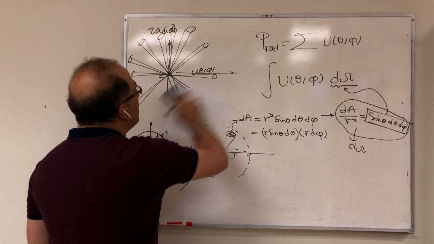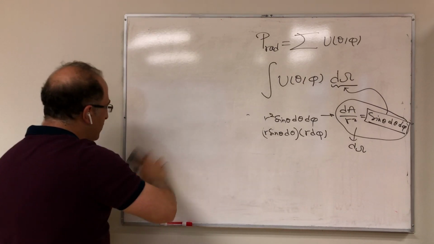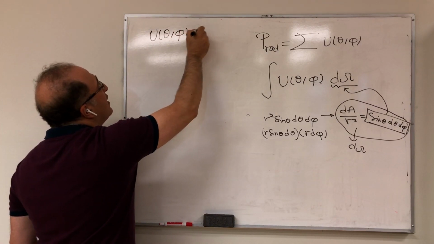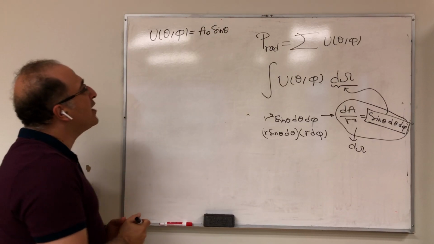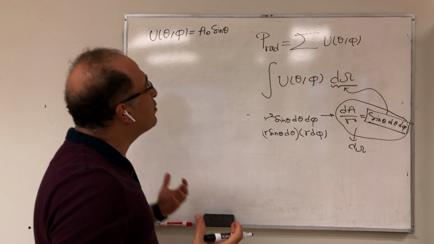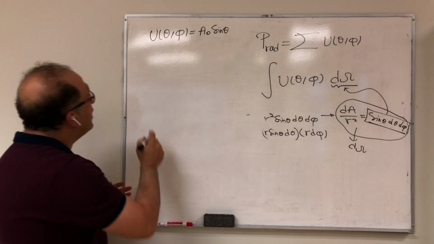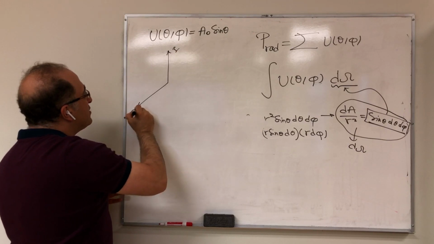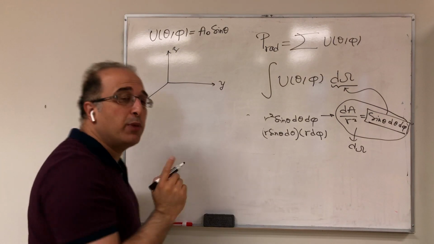Now, as an example, let's consider the radiation intensity of an antenna to be A naught sine theta. A naught is just a value; it can be anything for now. The purpose is to find the total power radiated by the antenna. First of all, you realize that this radiation intensity doesn't depend on phi.